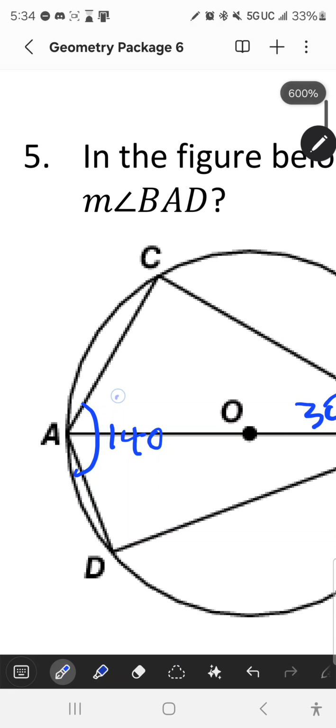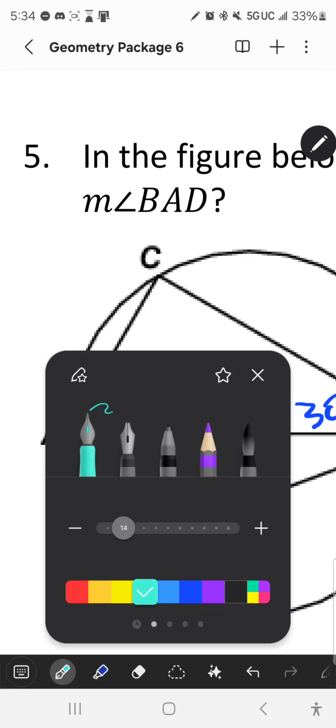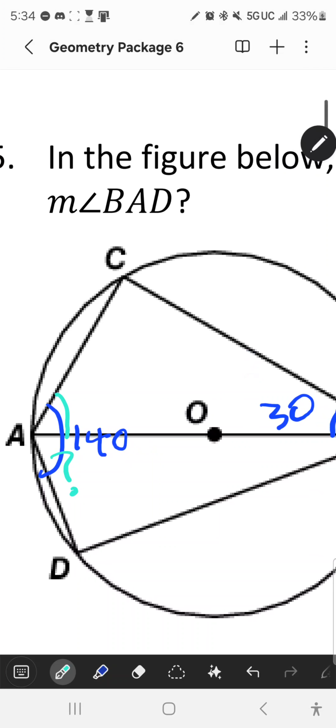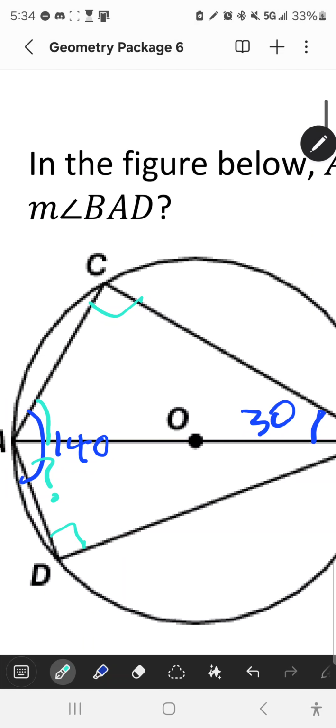So what we can do is look for this angle right here first. We have all that we need. This is 90 degrees. This is also 90 degrees because they're over the diameter.